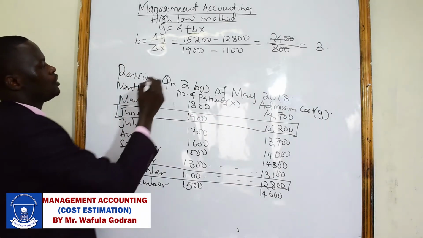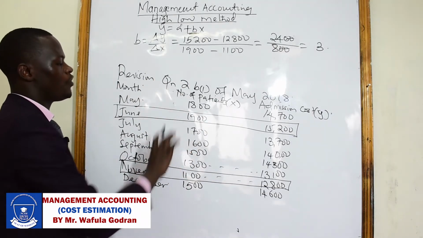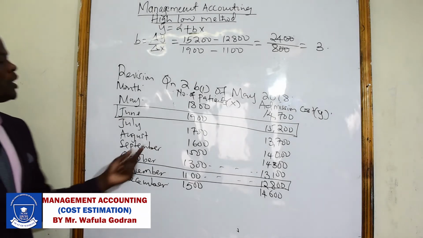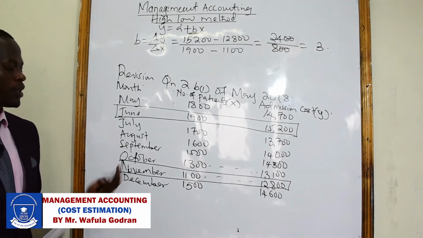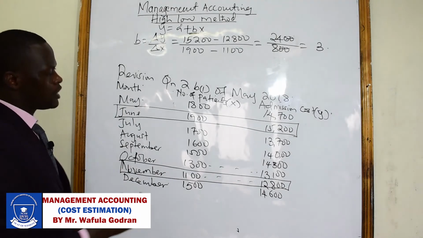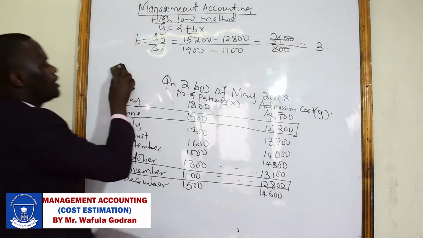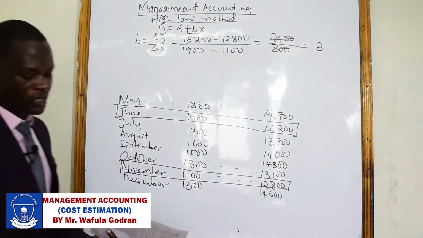Now, let's go to the equation and pick one of the points that we have identified. We can pick either the highest or the lowest, and we use the data. So let's say we have picked the highest.